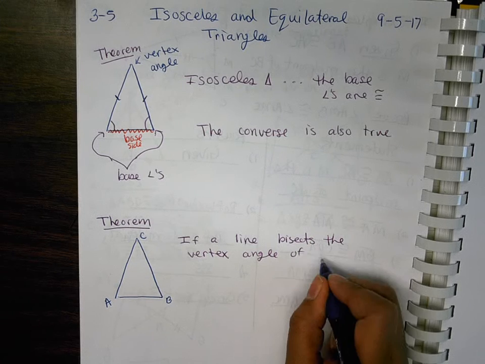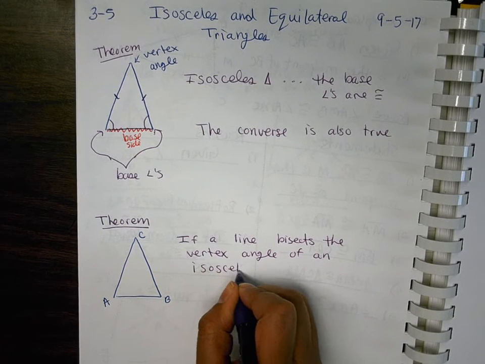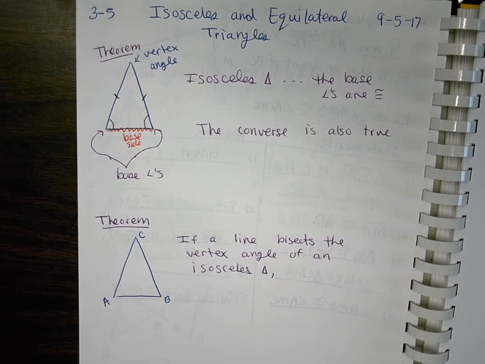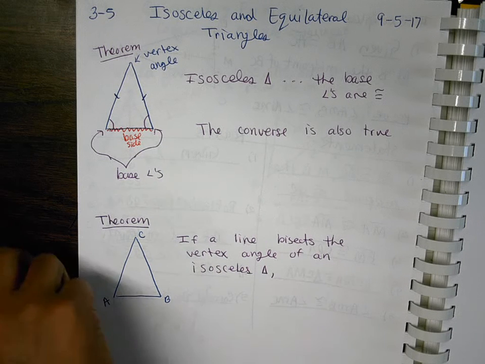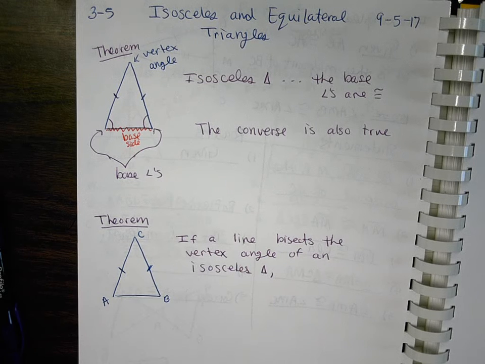If a line bisects the vertex angle of an isosceles triangle, where is my vertex angle? Let me put more markings down for you. If this is the isosceles triangle, where is my vertex angle? A, B, or C? C.